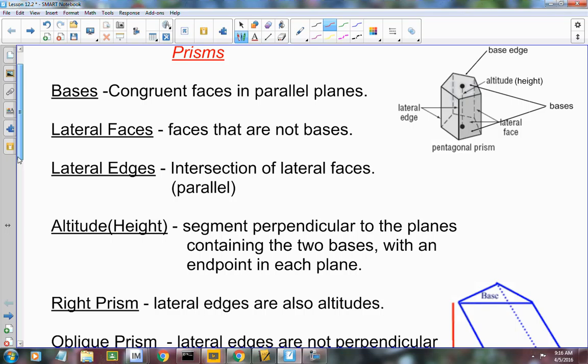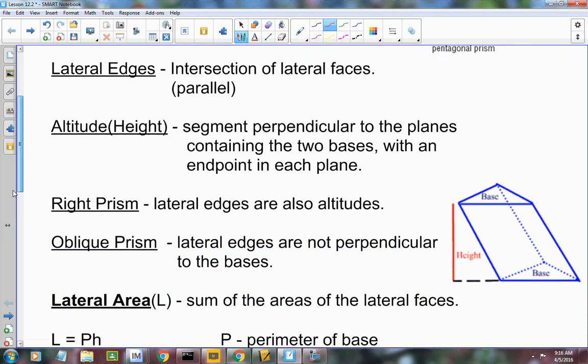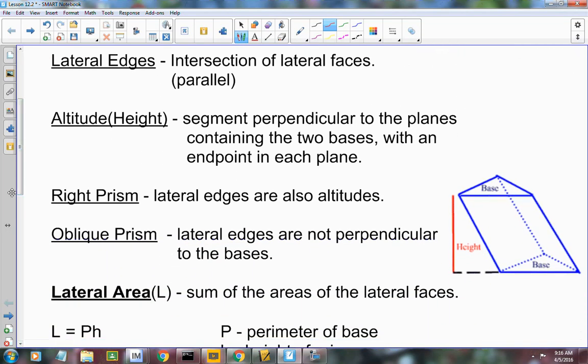As opposed to an oblique prism, in which one base isn't right on top of the other, it's kind of slanted. You still have lateral edges that are parallel to each other, but then your height has to be dropped outside and the base has to be extended. But like I said, we are going to deal with right prisms.